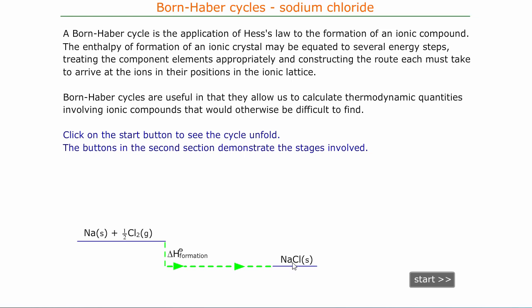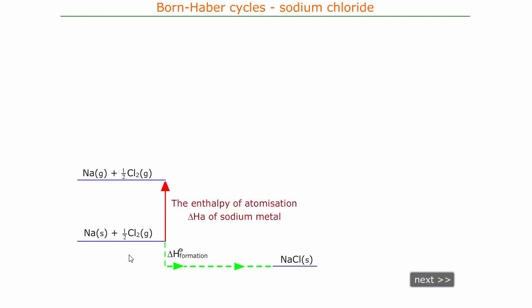So what we must do is form sodium ions and chloride ions from the starting materials. Now the first thing we have to do is turn sodium into a gas, because if we're going to put the ions into their positions in the lattice, then they're going to have to be separate ions, in other words gaseous ions.